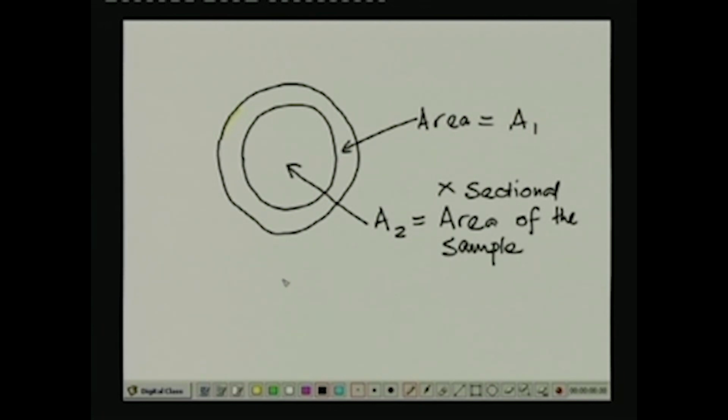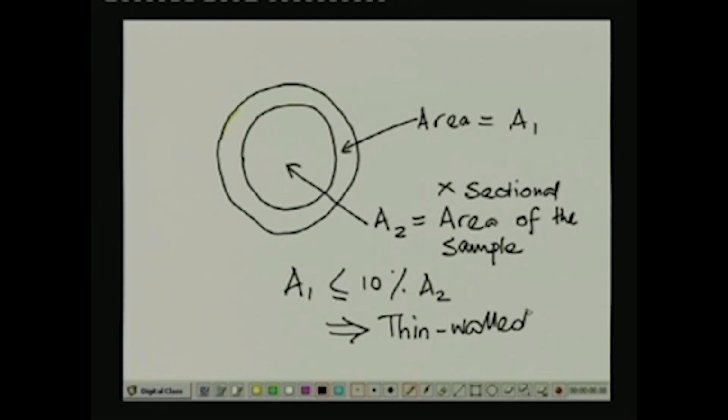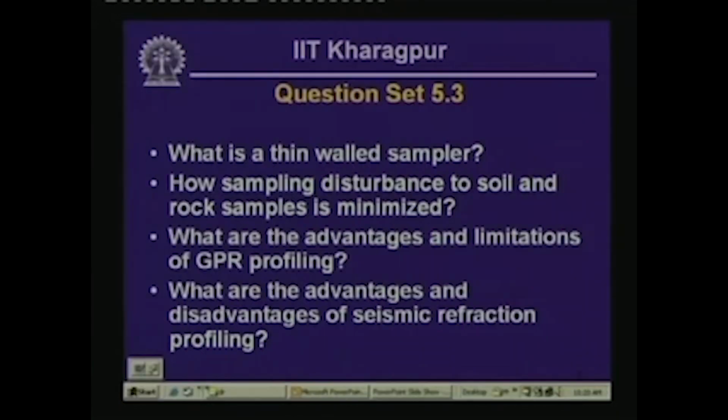So then A1 should be less than 10% of A2, then the sampler will be called a thin walled sampler. Okay, so that's the definition of a thin walled sampler.